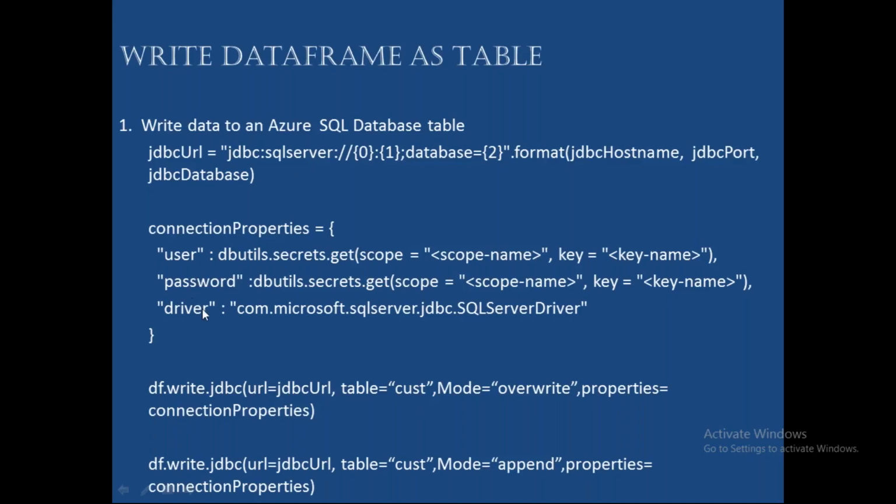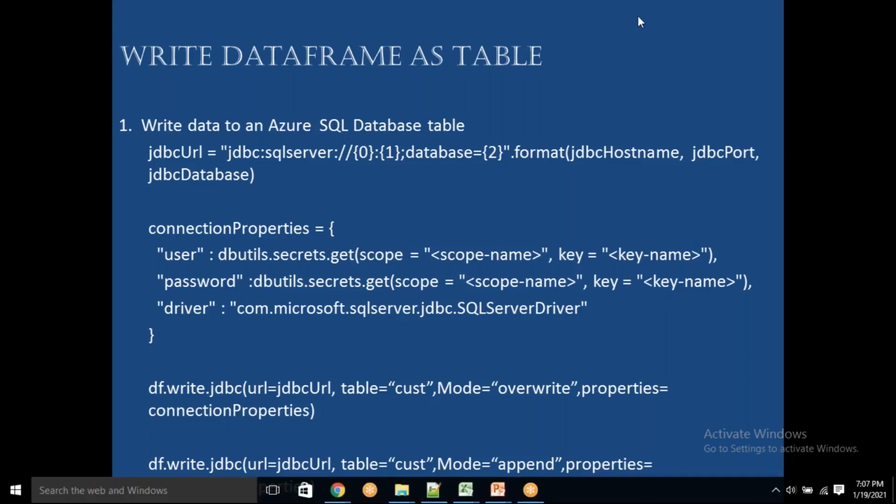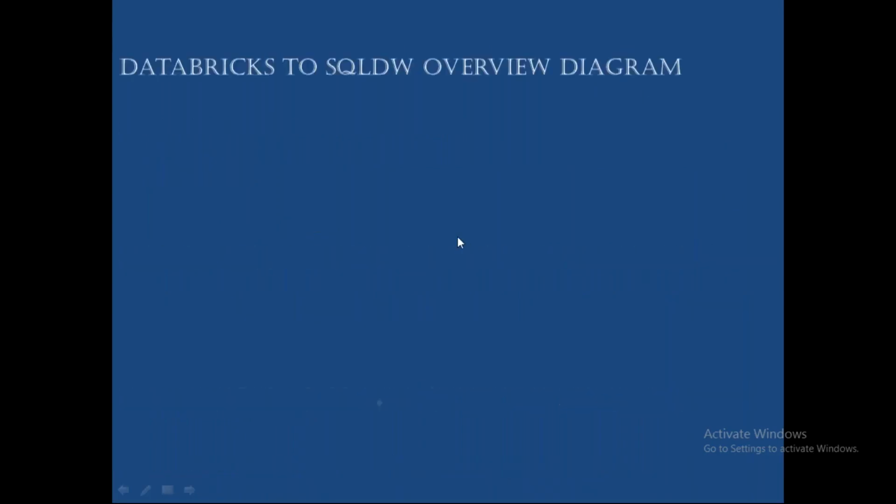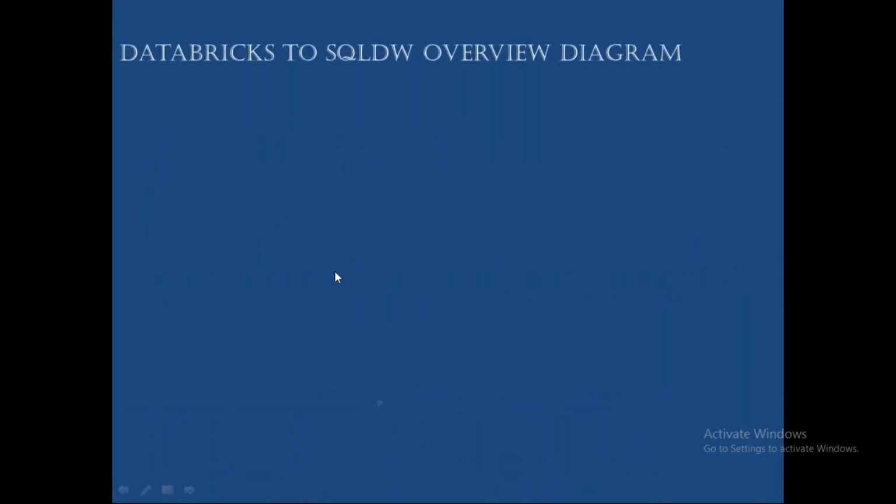Once you are connected, instead of saying spark.read.csv or spark.read.parquet, here you can say spark.read.jdbc. In the same way, if you want to write, df.write.jdbc. So something like that you can use. Clear?